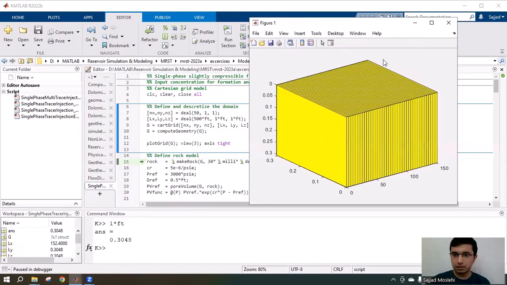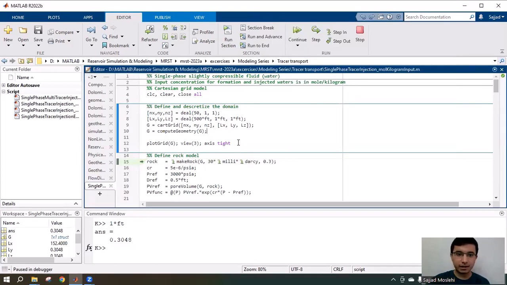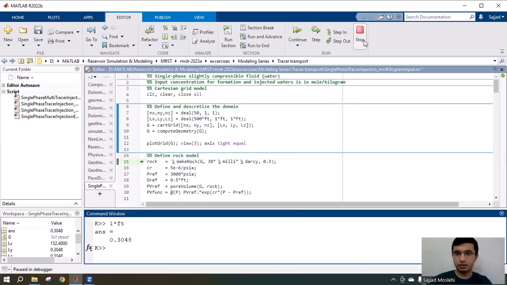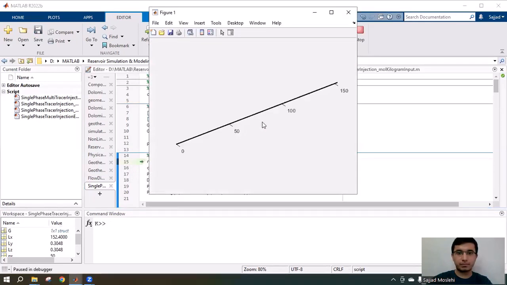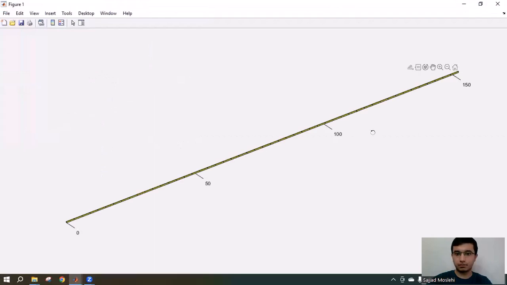As you see, it is not very clear that the length of the model in the x direction is larger than the other directions. And it's because of the fact that I have not used the function equal here. All right. So let's see the real shape of the model, which is this. All right. Great.